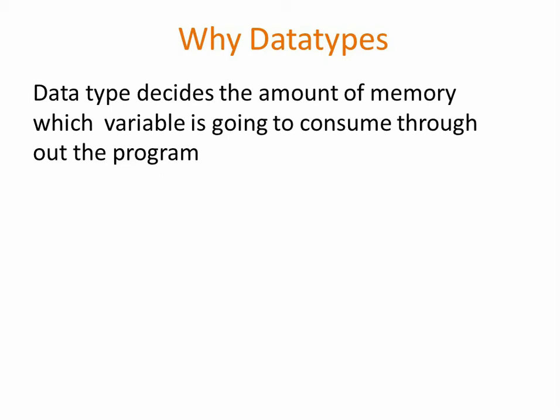If there is a variable with a string data type and we try to fit an int, then the memory will go to waste in RAM and it will start consuming more space. That's why we need and use data types. To sum up, we use data types to reduce memory consumption.